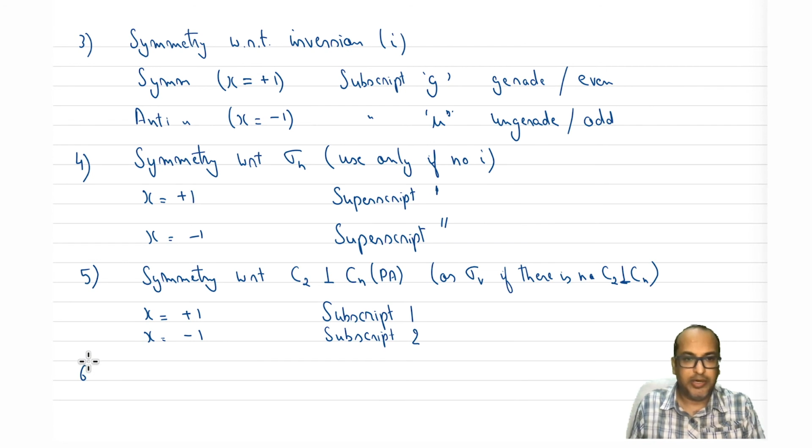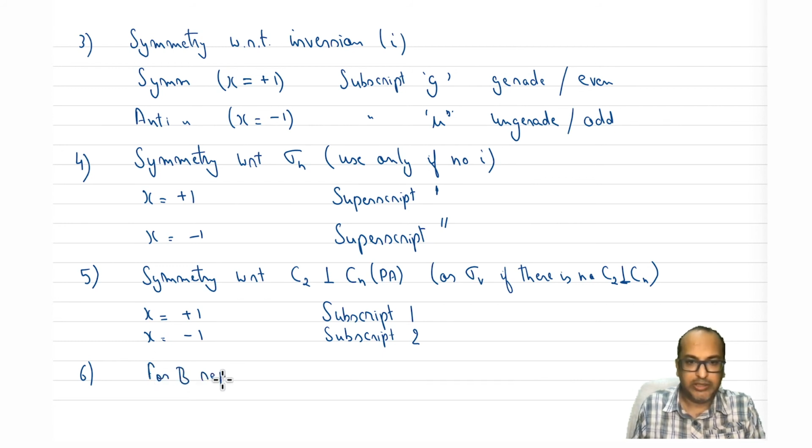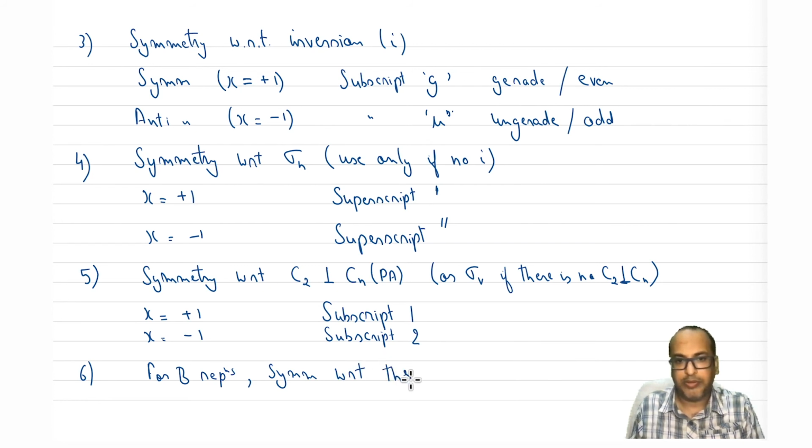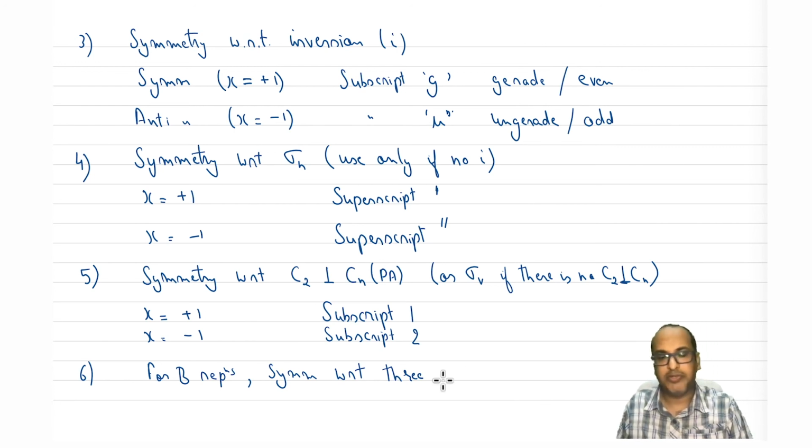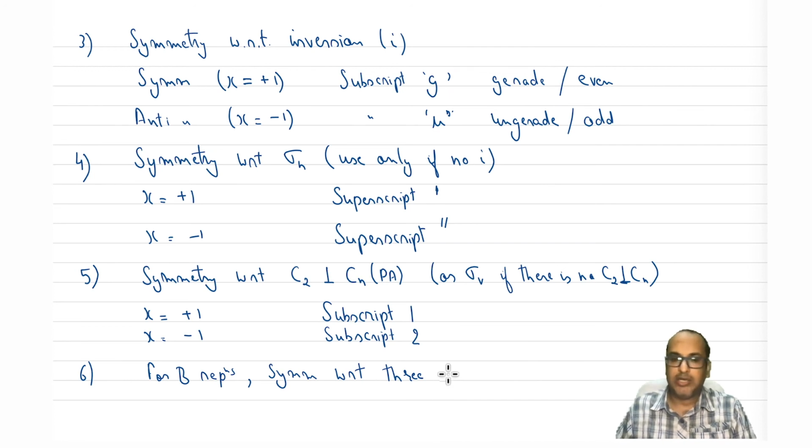Okay, now let's also look at the case where there are 3 equally important perpendicular axes, and this happens only for B. So for B representations, symmetry with respect to 3, let's call them equally important, because you don't know which one is the principal axis. For example, we have seen the case of D2H where it is C2Z, C2X, C2Y. We don't know which one is the principal axis.